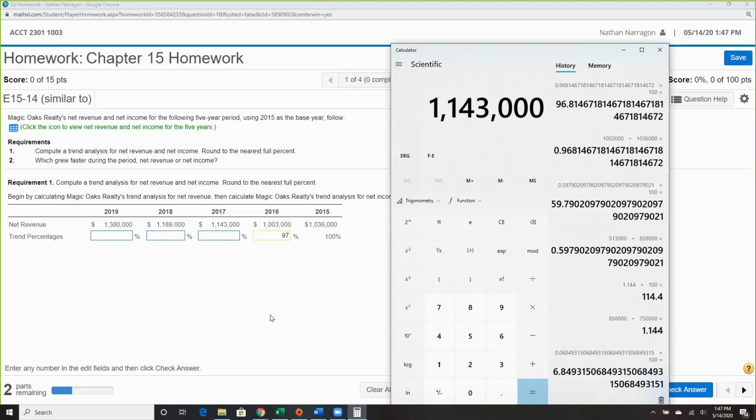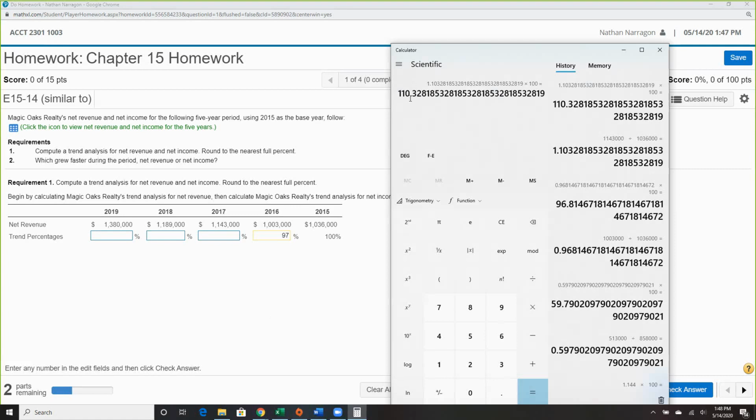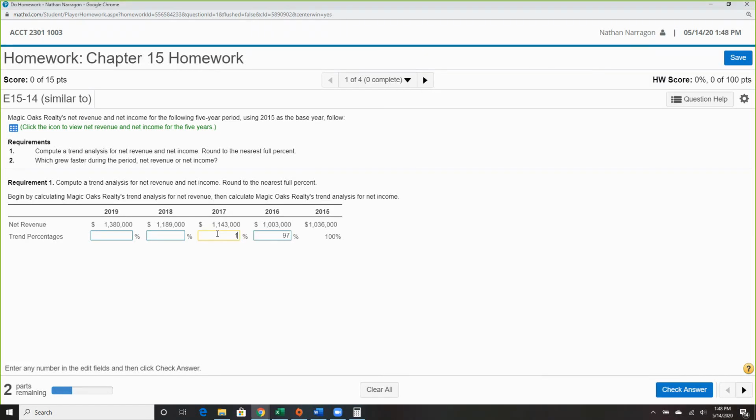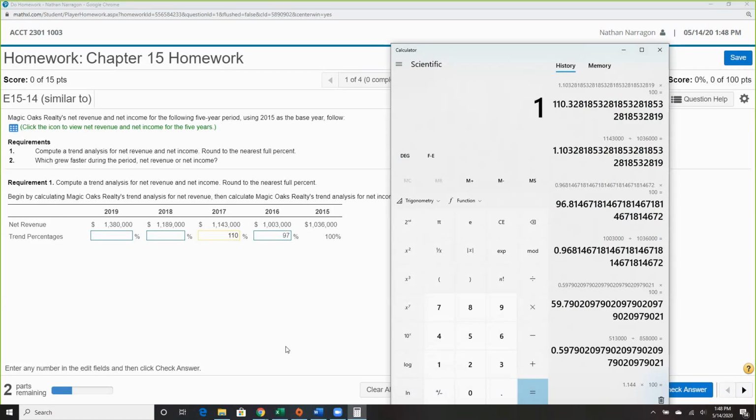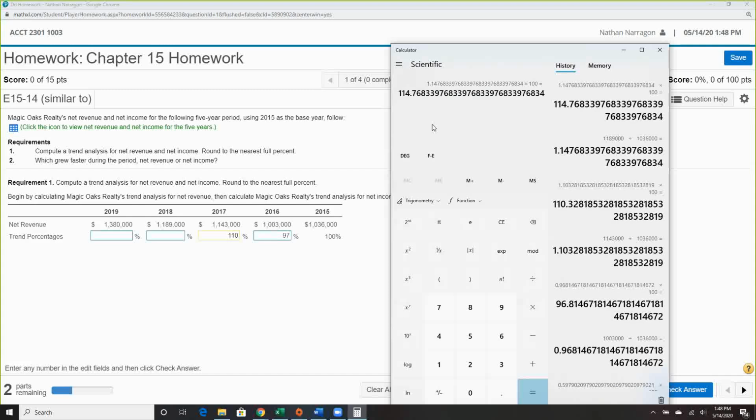I take that year, for 17, divide by our base year, times by 100. Again, we're looking at 110%. Okay. 18. Again, if you have questions or want me to go back through it, just let me know. Okay. So we're looking at 115 for me.